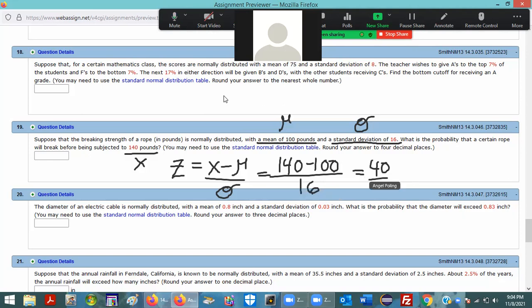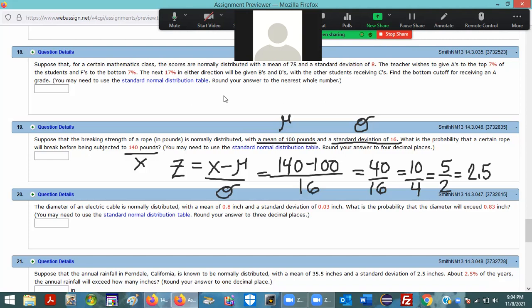So 40 divided by 16 gives me 10 divided by 4, right? 5 halves, which is 2.5. So we have a z-score of 2.5.